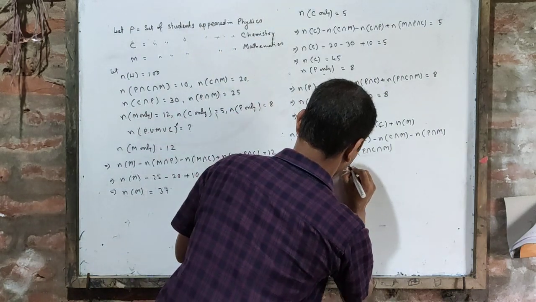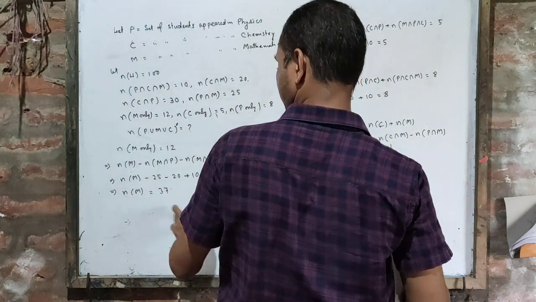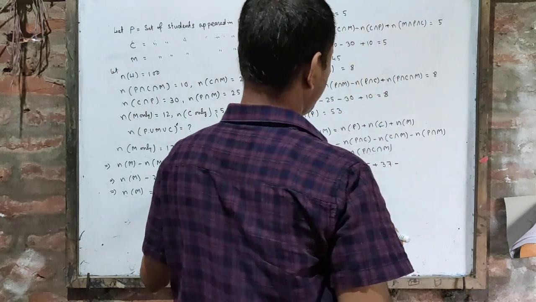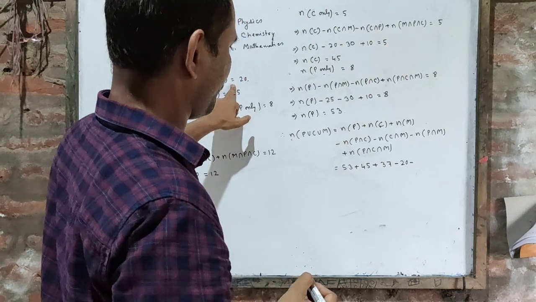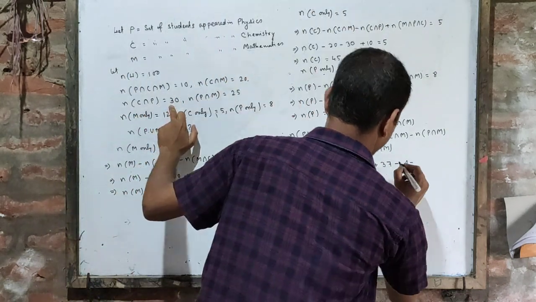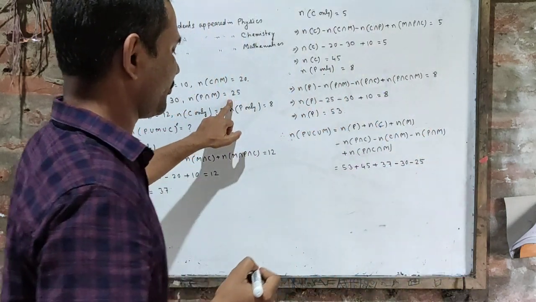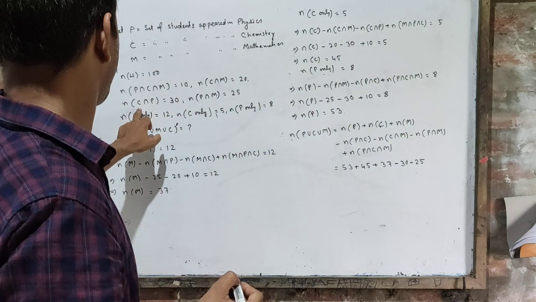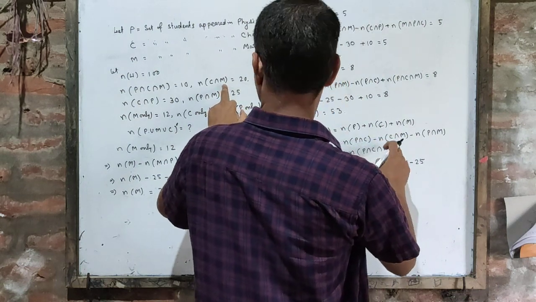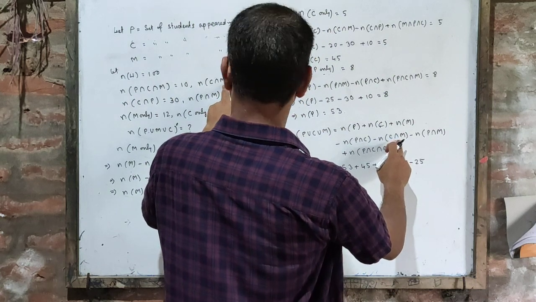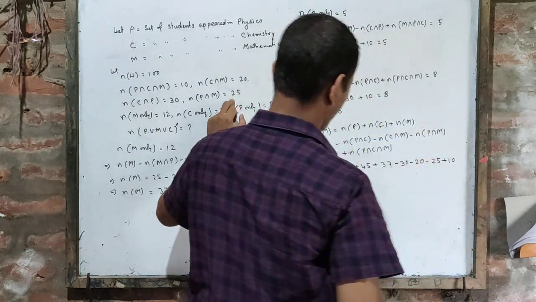N of P is 53, N of C is 45, N of M is 37, minus N of P intersection C is 30, then P intersection M is 25, then C intersection M 20, plus all the 10.